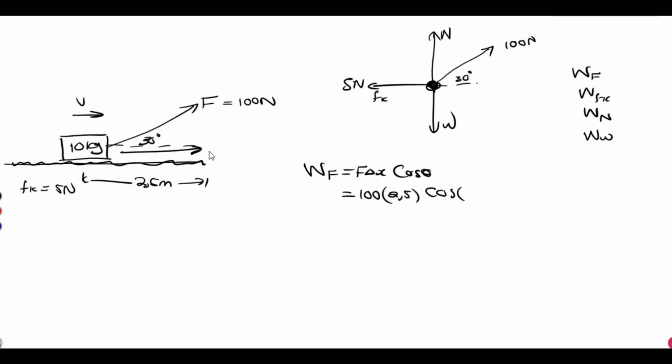So the angle between the displacement and that force there is 30 degrees. So you can even say it's cos 30 there. That's 216.51 joules. Okay, this will always work out, it's fine, but I don't encourage you to use the angle right there for the angle with respect to the axis for the force.